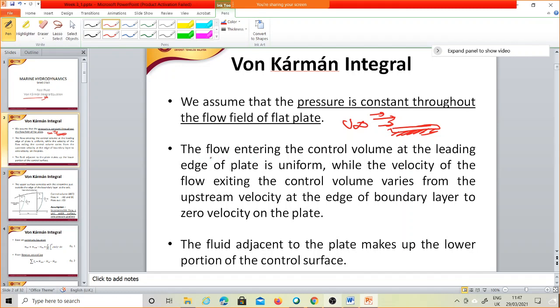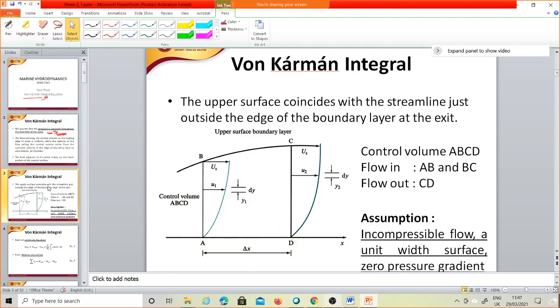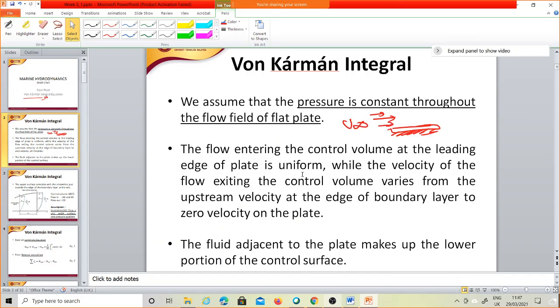Another thing they said is that the flow entering the control volume at the leading edge of the plate is uniform. So we will consider one control volume. Your control volume in this case is like this: A, B, C, and D. This is your control volume. This is a flat plate, this is the x direction, this is the y direction, and the flow entering the control volume at the leading edge of the flat plate is uniform.